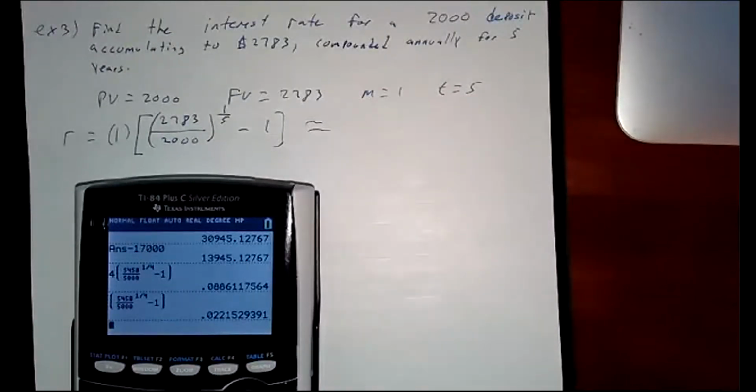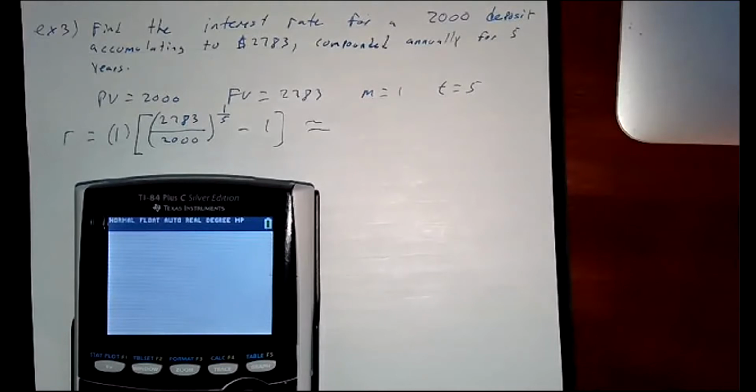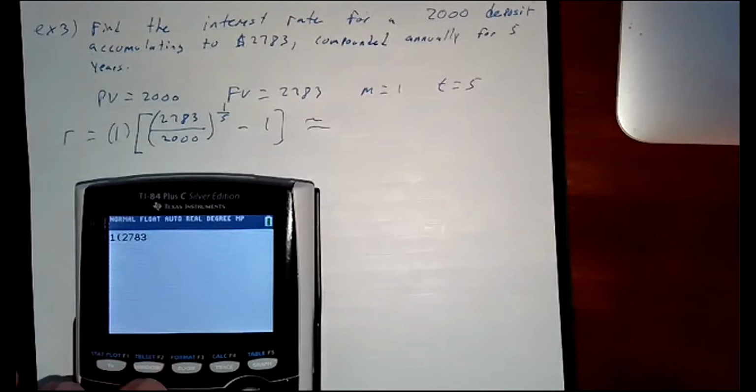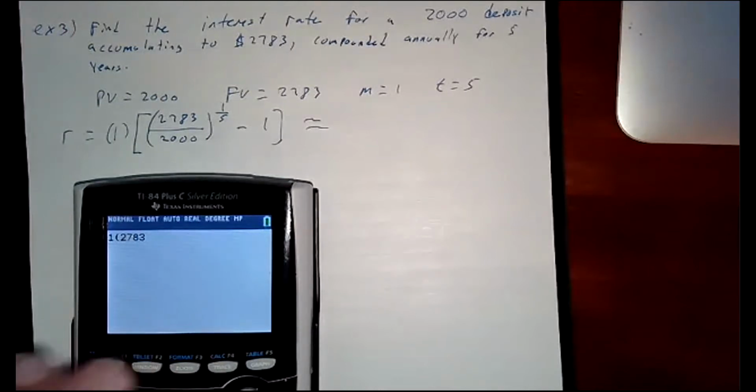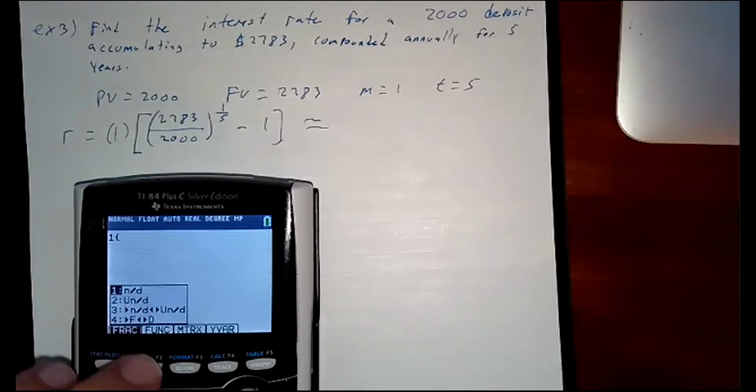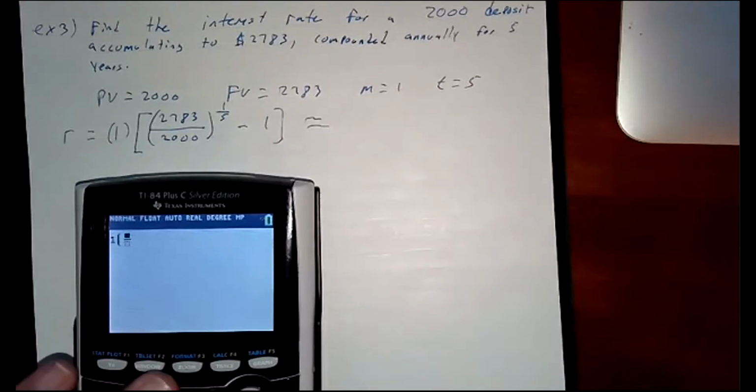Let's try it out. Okay, so 1 times 2783. No, I'm going to use the fraction thing so it looks prettier. So 1, you don't have to do this, but just so you can see it better.